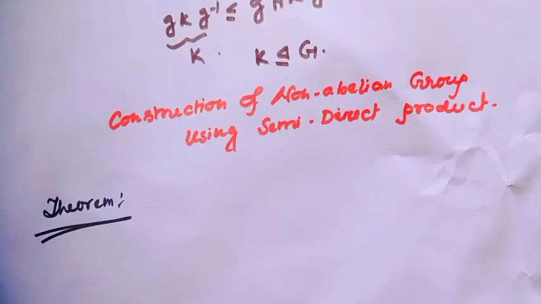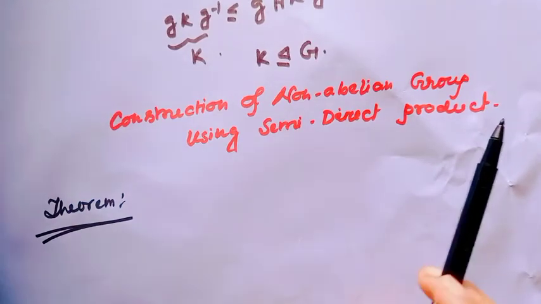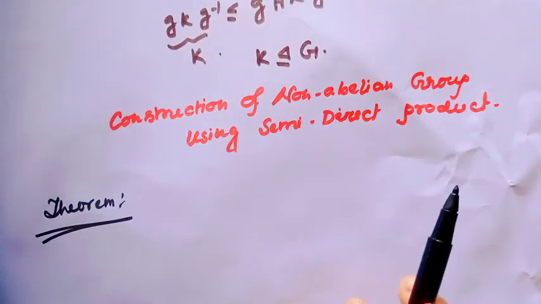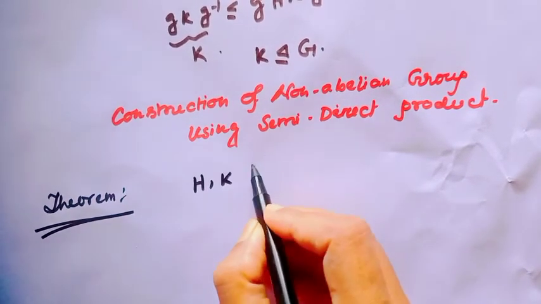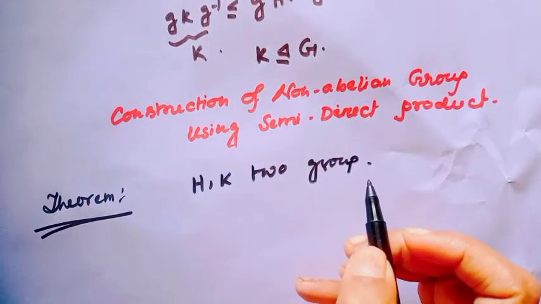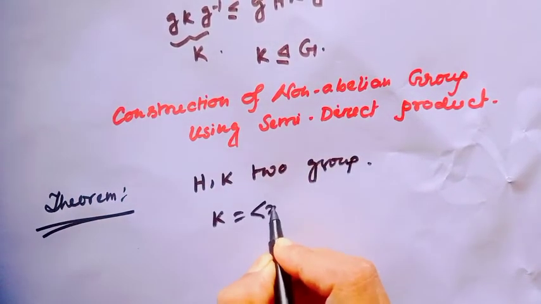In my earlier video, I showed the construction of non-abelian groups using semi-direct products. The theorem is: suppose S and K are two arbitrary groups and K is cyclic, generated by x.